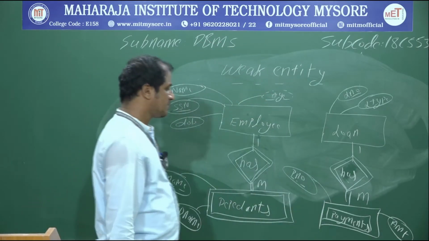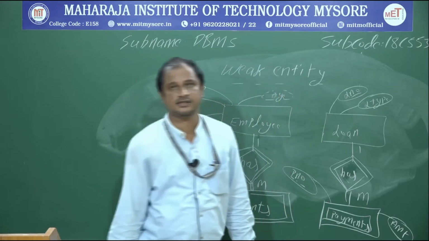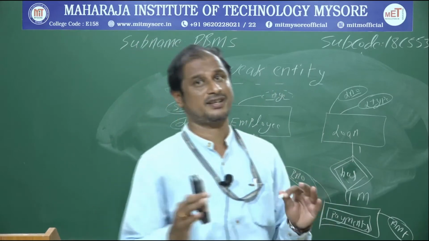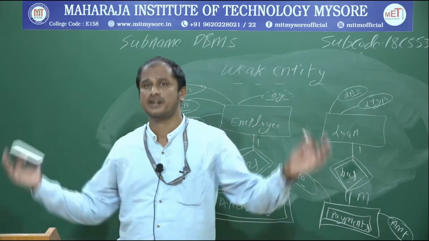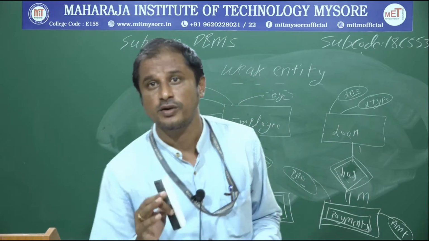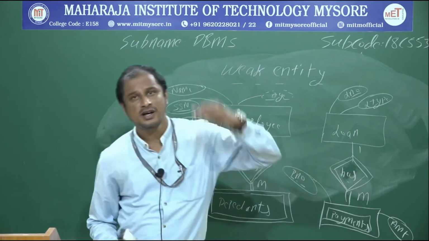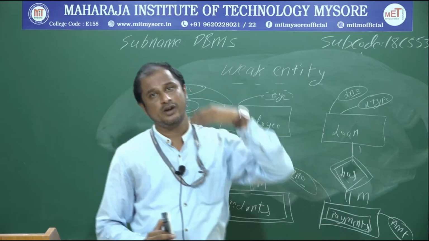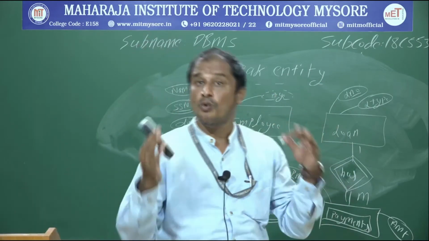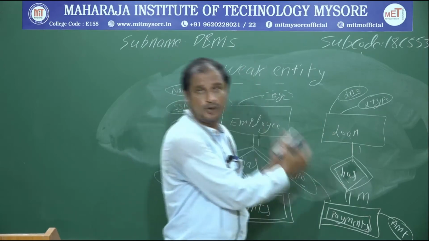So this is about the weak entity. When I write an ER diagram for various databases, make sure that you include a weak entity, because the chapter flows such that it applies to real-time applications like a bank, where you need to specify the weak entity.